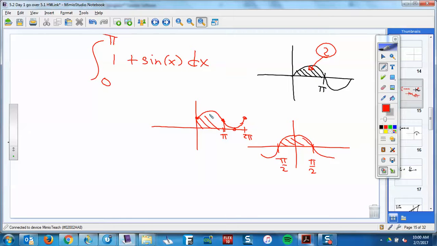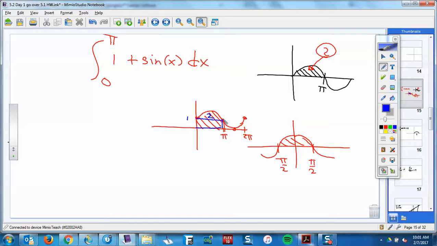So wouldn't we be talking about this area? So help me out. How can I calculate that? Do a square. Yeah, that's 2, that's the 1 hump. And then what's this? It's pi wide. Okay, so lesson: anytime we shift a graph up and we're doing area with the x-axis, what do we add?